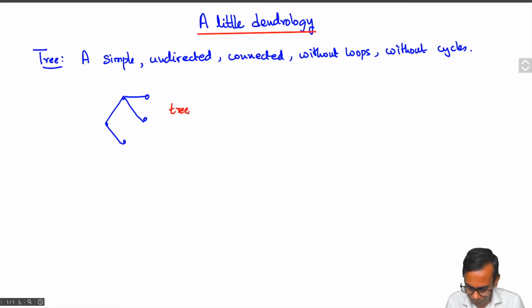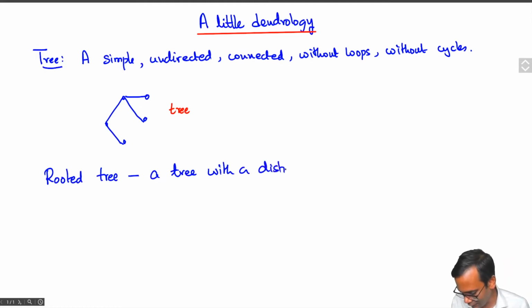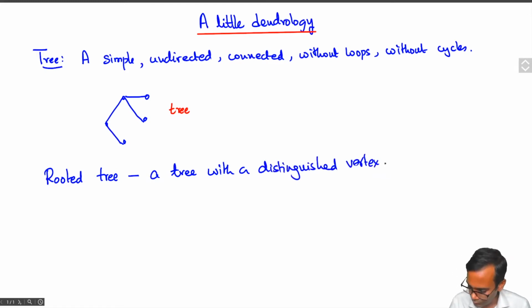And when I say a rooted tree, that means a tree with a designated vertex, a distinguished vertex, which I'll call a root. The root.